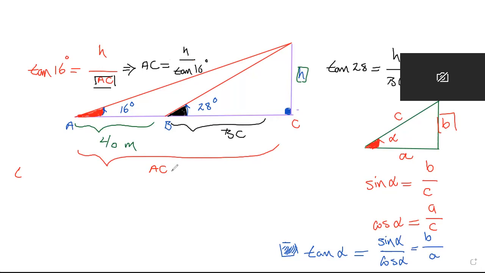Then you see that AC is equal to h over tangent of 16 degrees.